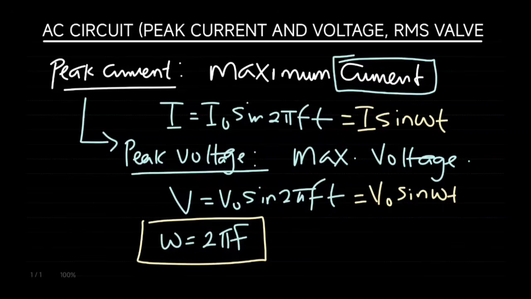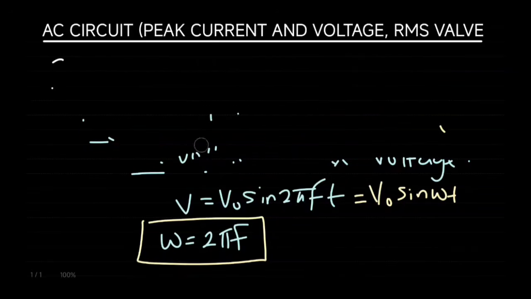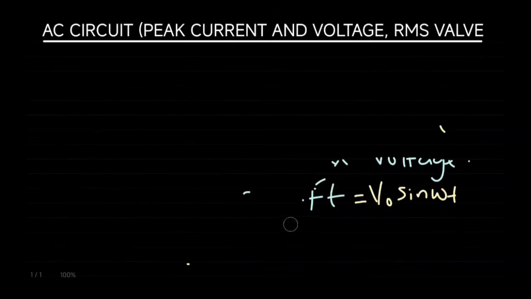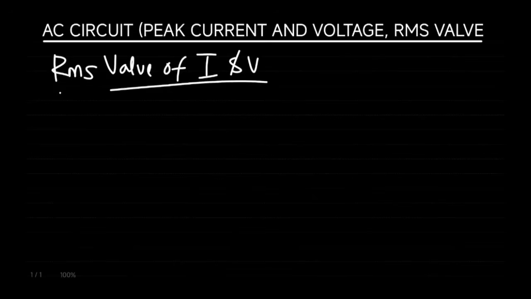And we're going to be looking at the RMS value in an AC circuit. The RMS value of current and voltage in an AC circuit simply means the steady current or the steady voltage in the circuit.